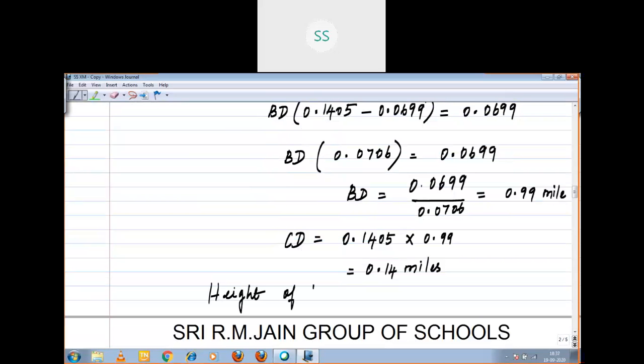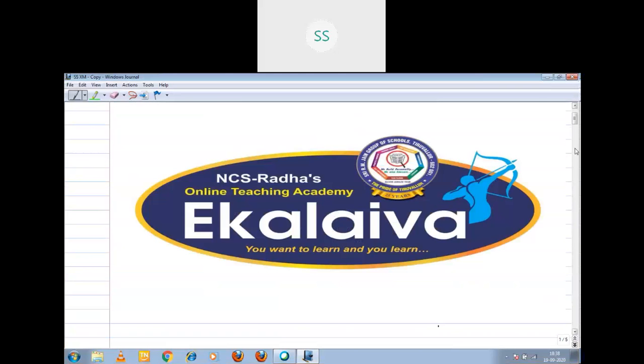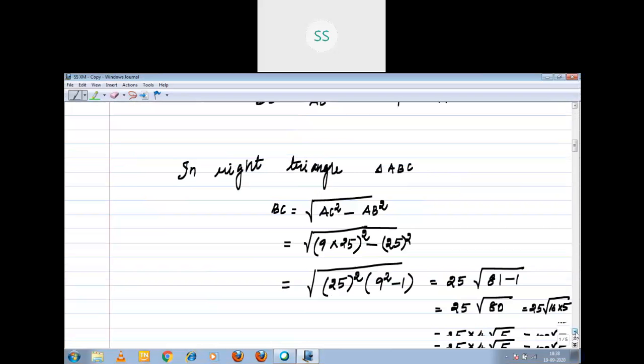BD value you arrived at is 0.99. So CD equals 0.1405 into 0.99. Then what do you get? 0.14 miles.